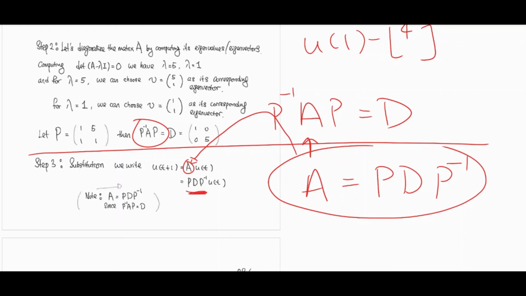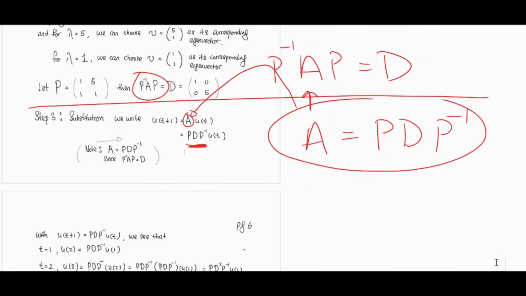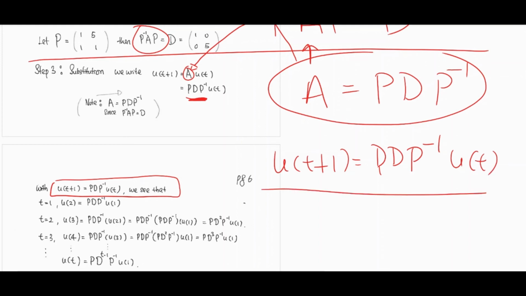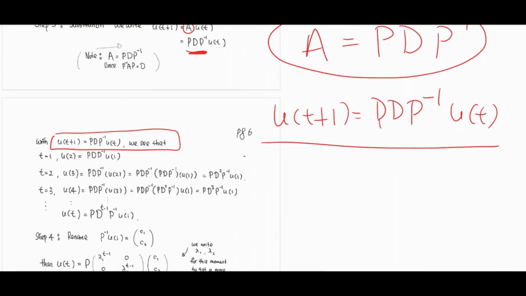That's the reason why you see that we have PDP inverse. So now my equation is u_{t+1} = PDP inverse u_t.